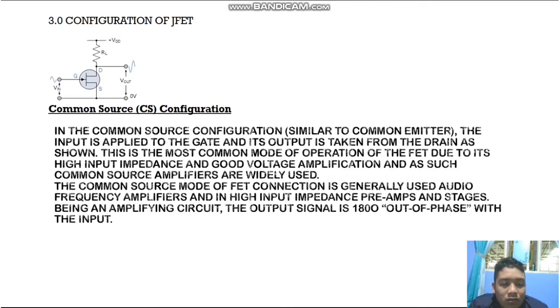The common source mode of FET connection is generally used in audio frequency amplifiers and in high input impedance preamps and stages. In this amplifying circuit, the output signal is 180 degrees out of phase with the input.